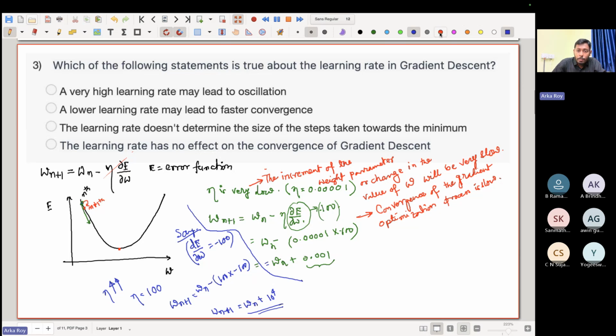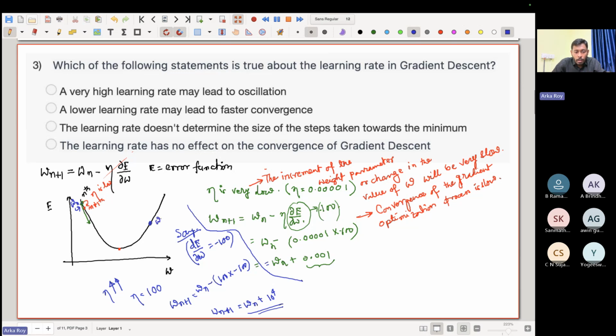This red color basically means when eta is low. But when your learning rate is very high, you're adding a very high value to Wn. So initially your position was at Wn, and now with the addition of a very high value, let us consider you have reached this point.